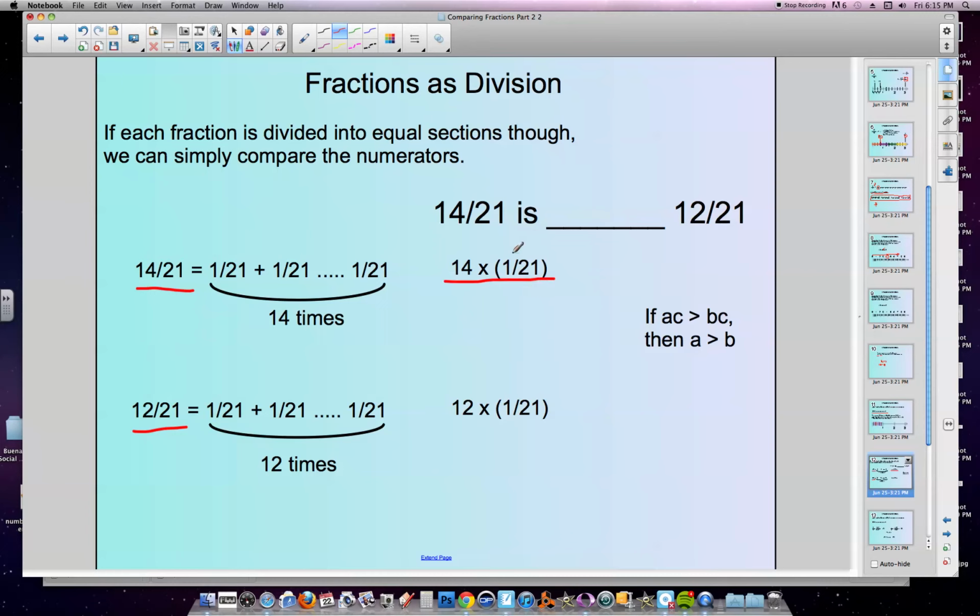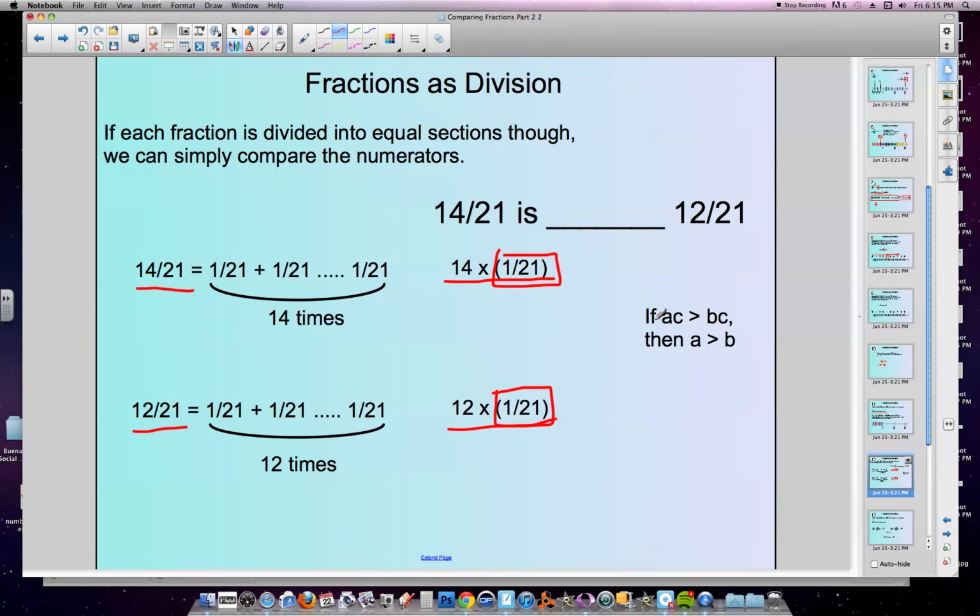And if we say 12/21, we mean 12 segments that are each a length of 1/21, or 12 times 1/21. And now that we're talking about the same length, now that we know that we have 14 segments and 12 segments, and the segments are the same length, they're each 1/21, then we can simply look at that coefficient and say, well, if we have 14 of something, it must be larger than if we have 12 of the same thing.